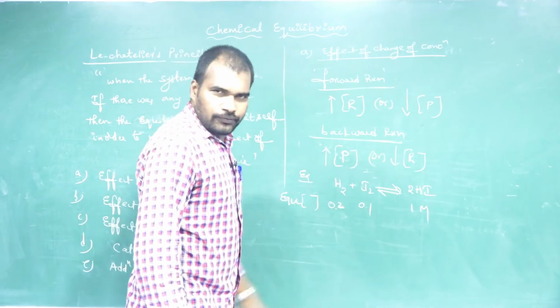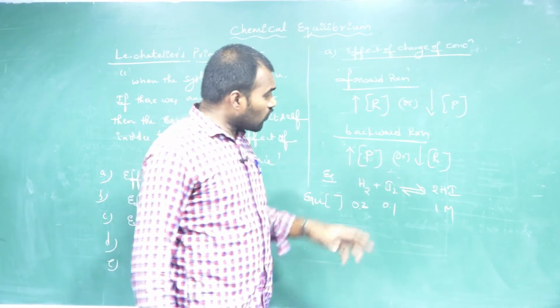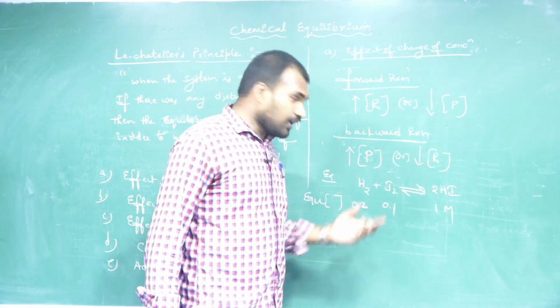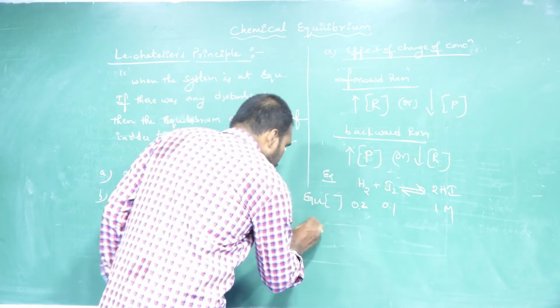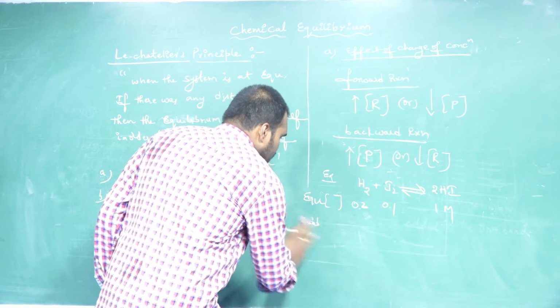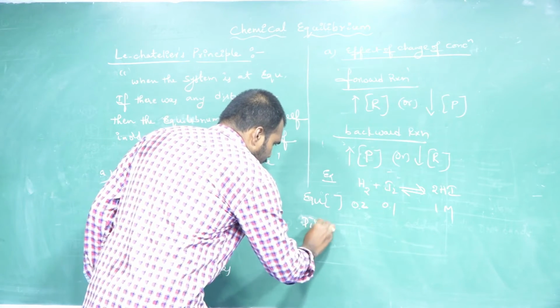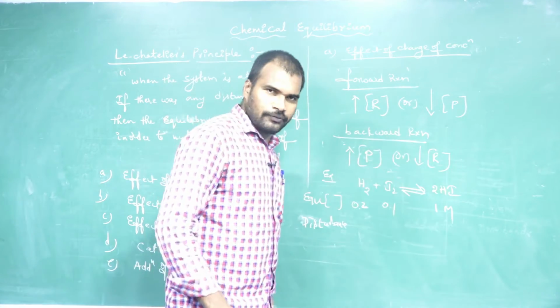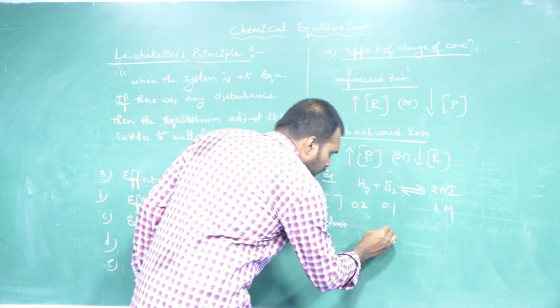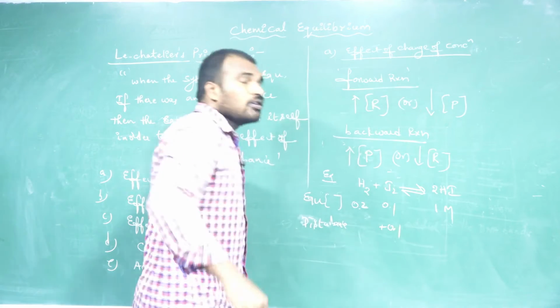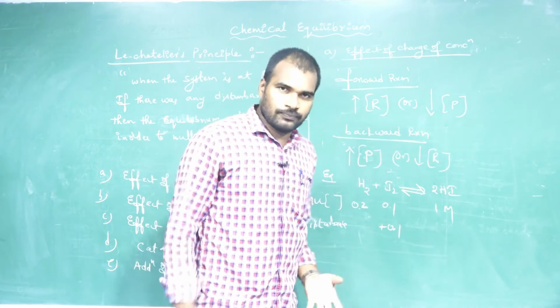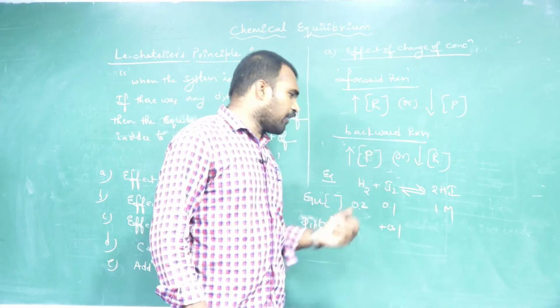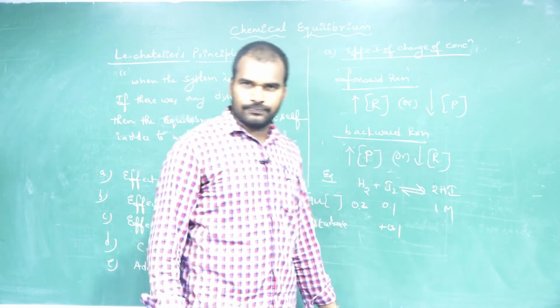He added iodine. How many moles of iodine he has added? He has added the iodine, that is adding or disturbance. What is the disturbance here? Disturbance is nothing but addition of iodine. So how many moles are added? 0.1 moles he has added. Let us imagine, by adding 0.1 mole of iodine, he is disturbing the system.